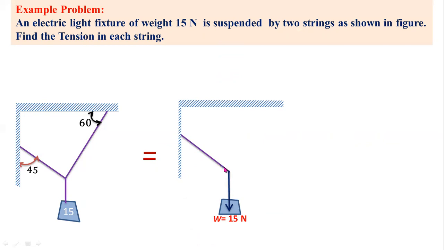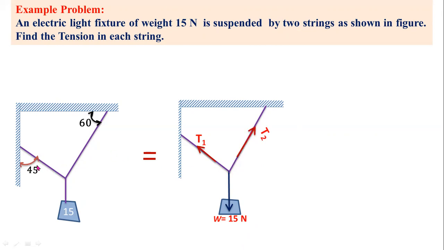After that, you have to consider tension in the string in the opposite direction. T1 is the tension in this string, and now you have to consider this string. Let T2 be the tension in the second string.